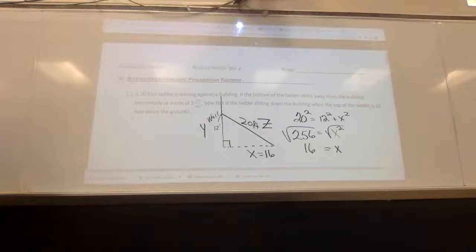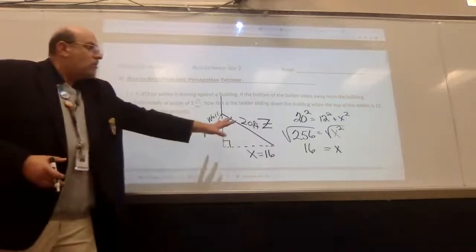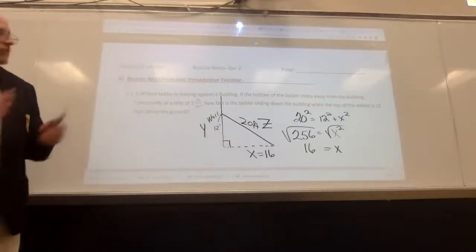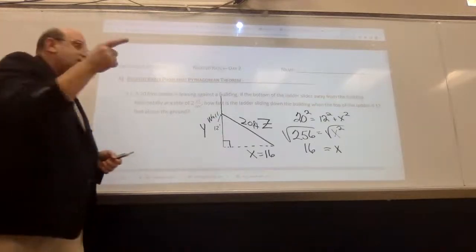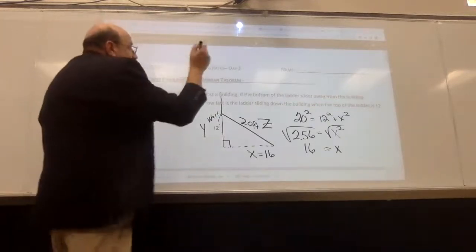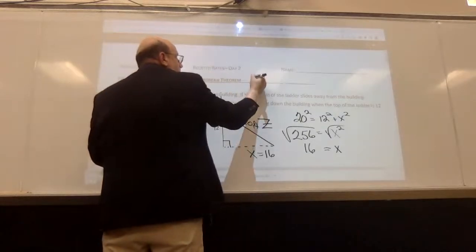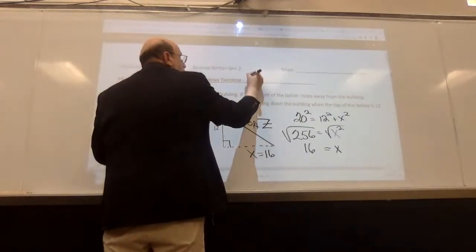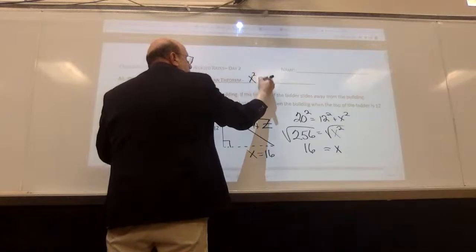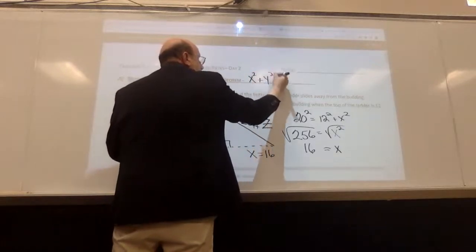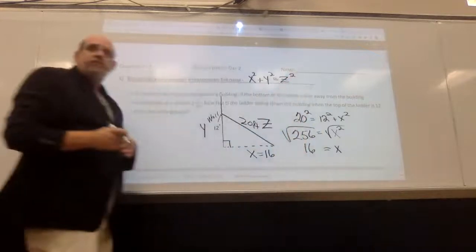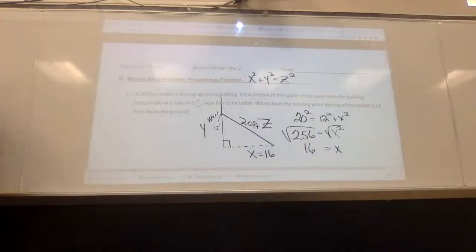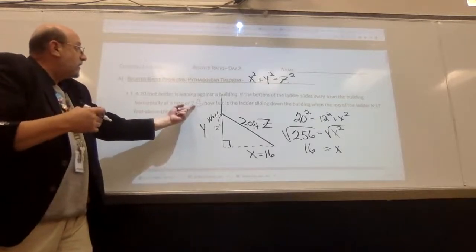This one's okay. Now I know my lengths. Now I can start to do some other stuff. Now I'm going to take that same formula, the Pythagorean theorem, x squared plus y squared equals z squared. And the worst thing about this is, what have we been given?